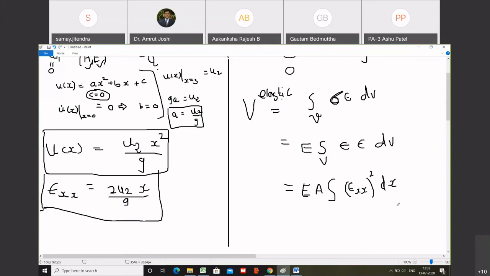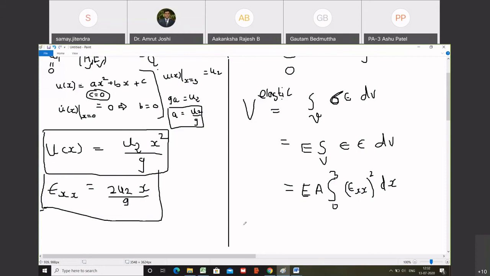Are you with me? When integrating over the volume with constant cross-sectional area, the triple integration reduces to a single integration. So EA multiplied by the integral from x equal to 0 to 3 of epsilon xx square dx. Am I right? This is what we did last time, that also works, but it's all right. Now we will do it for this.